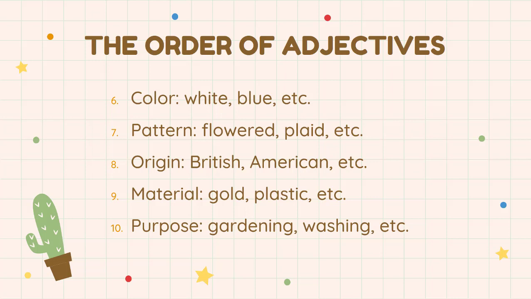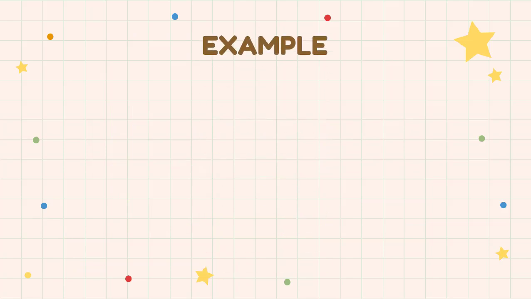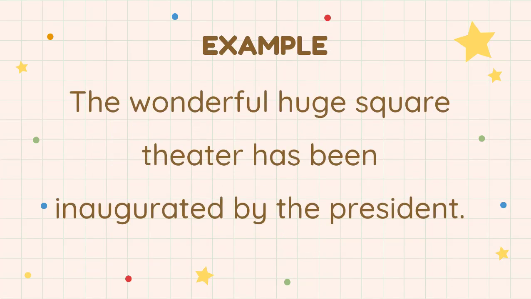So at least you have to learn this by heart. I give you the example. The wonderful huge square theater has been inaugurated by the president. Wonderful is opinion, huge is the measurement, and square is the shape. So we cannot say the square, huge, wonderful theater or the huge, wonderful square theater. So be careful with the order.